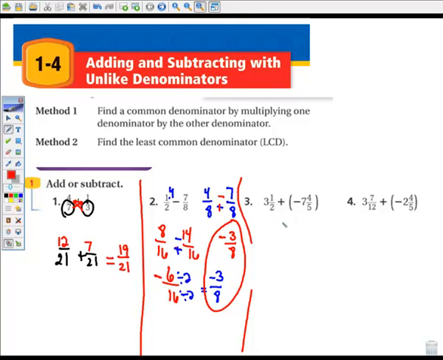When you make a fraction improper, we've done this before. 2 times 3 is 6 plus 1 is 7, so I have 7/2 plus a negative. I ignore the negative sign and only look at the 7 and 4/5. So again, you ignore the negative sign when you're making it improper. 5 times 7 is 35 plus 4 is 39/5. Again, my common denominator is 10.